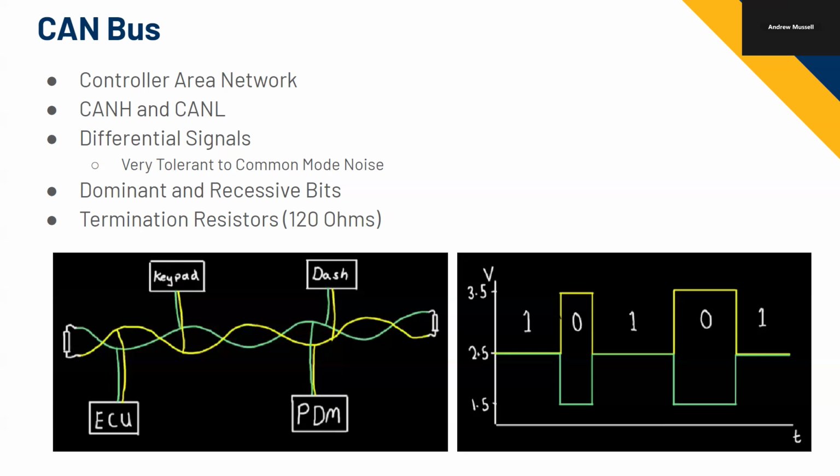And then that CAN transceiver basically takes in UART, outputs CAN, and then reads CAN and outputs UART to the microcontroller. And internally, it basically has CAN high connected to a switch to power and CAN low connected to a switch to ground. And it'll either drive it and close those two switches or not drive it and just read it.